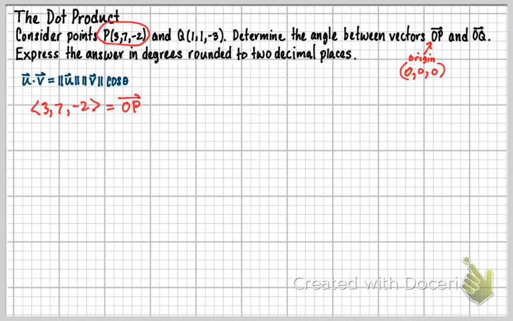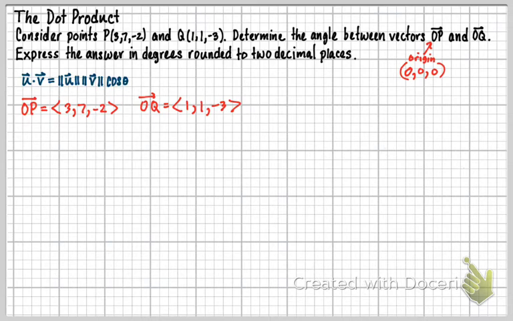If it starts at the origin and stops at a point, that endpoint is going to be the components of my vector. Now for the other vector, OQ, that's going to equal 1, 1, -3, for the same reason.